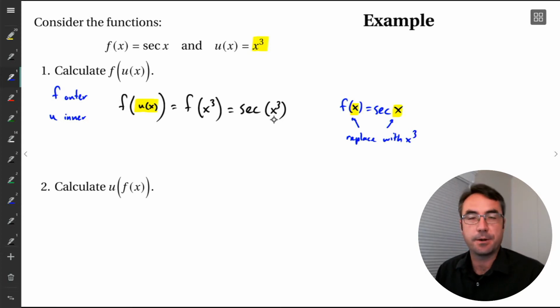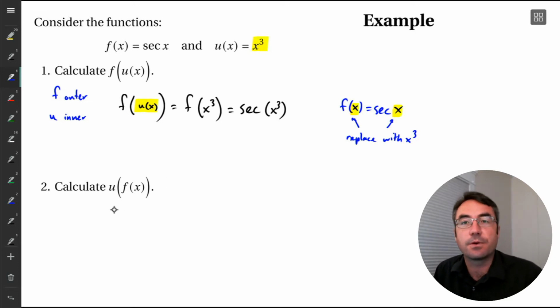And that's what we did right here. So this is secant of x cubed, this composite function. And you can kind of see secant is the outer function and x cubed is inside the parentheses, so it's the inner function.